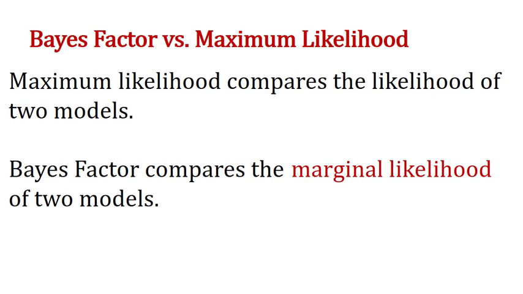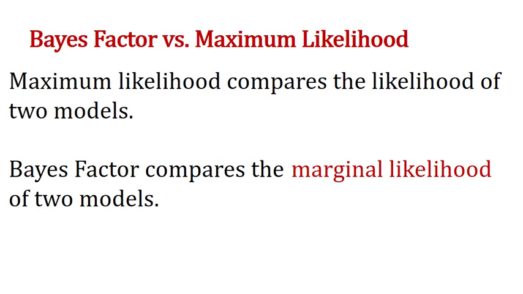Okay, so when we compare the Bayes factor approach with the maximum likelihood approach that I explained in the previous video, I already explained that the maximum likelihood approach compares the likelihood of two models. Now the Bayes factor is, in this respect, very similar because it compares what we call the marginal likelihood of two models.